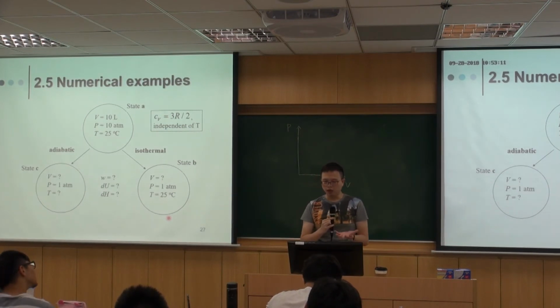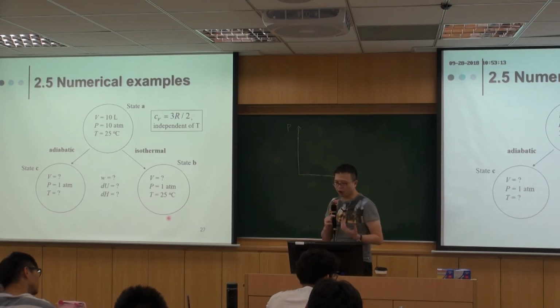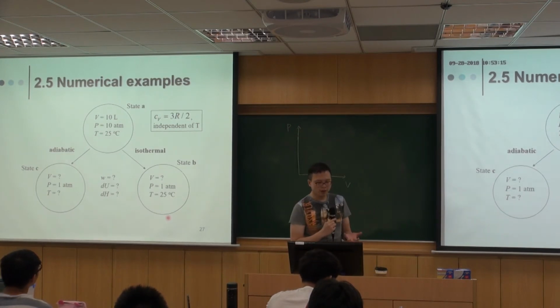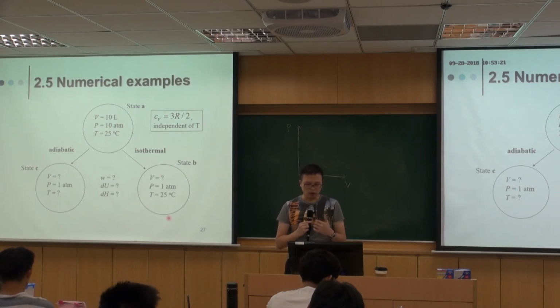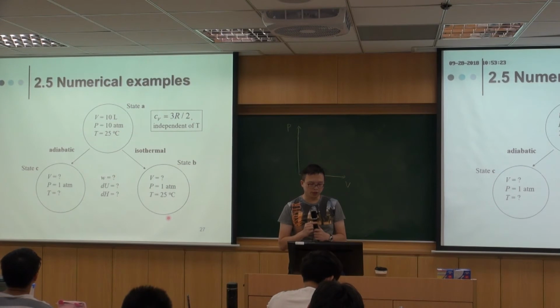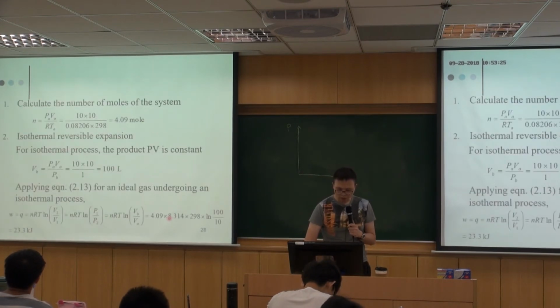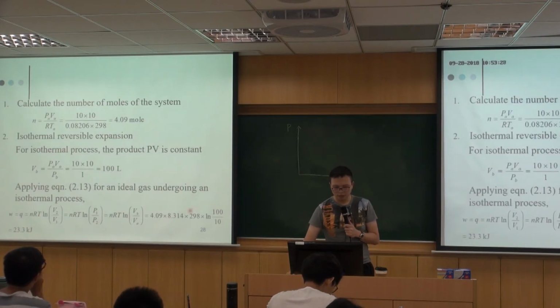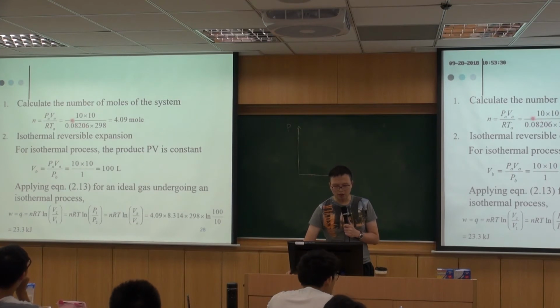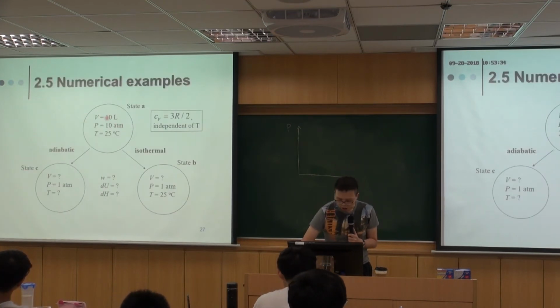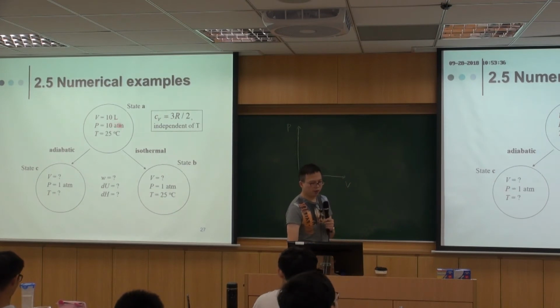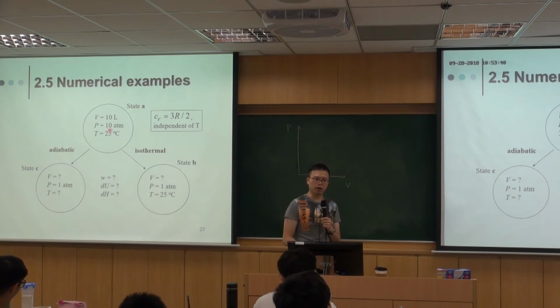It's either 0.08 or 8.3 or some other number, depending on the units. Here it is 0.082, because we're using liters and atmospheric pressure as our units to measure volume and pressure.